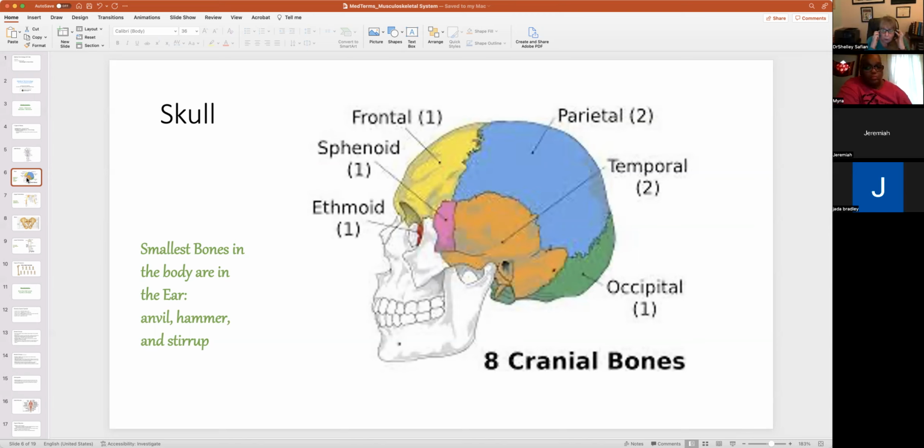And temporal is the side right above and around the ear. You have your sphenoid right in front of your temporal bone, and the occipital bone.